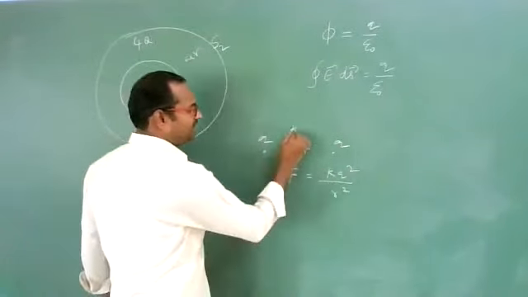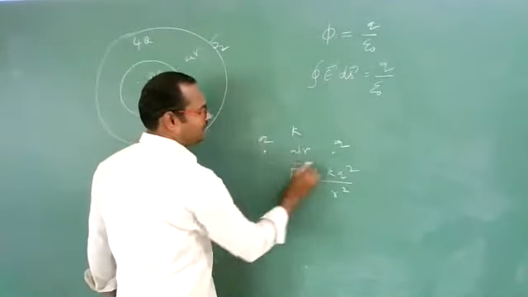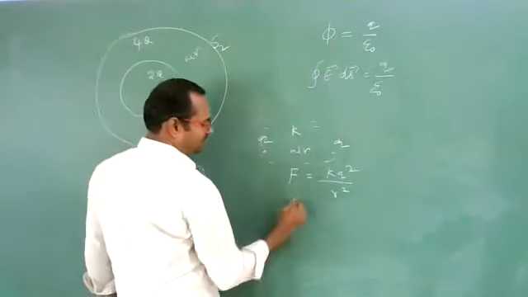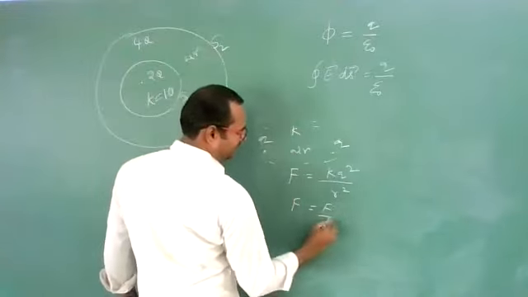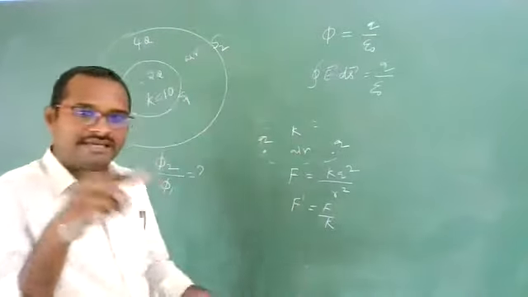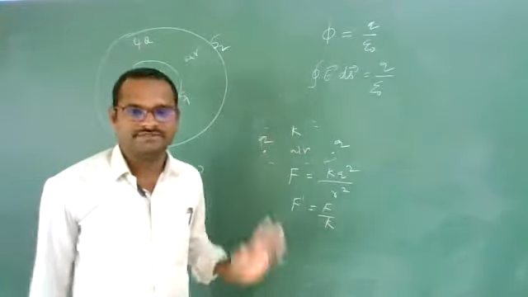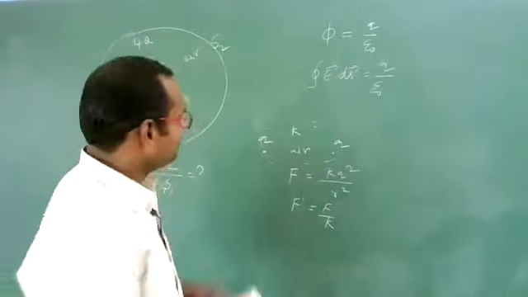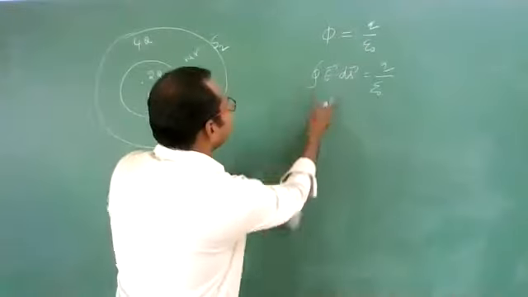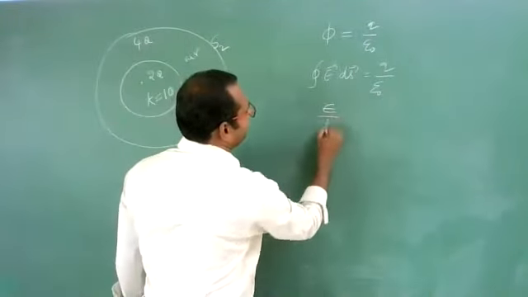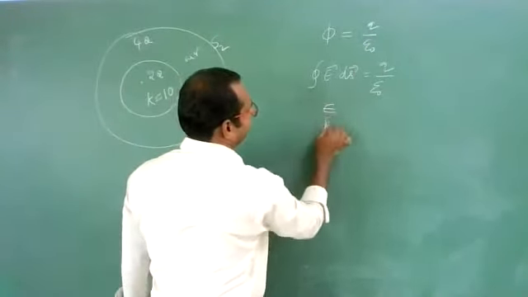If it is totally filled with a dielectric material, the force will become F by K. Force gets reduced by K times. In the same way, the electric field also gets reduced by K times. Simply, in the place of E, you can write E by K.